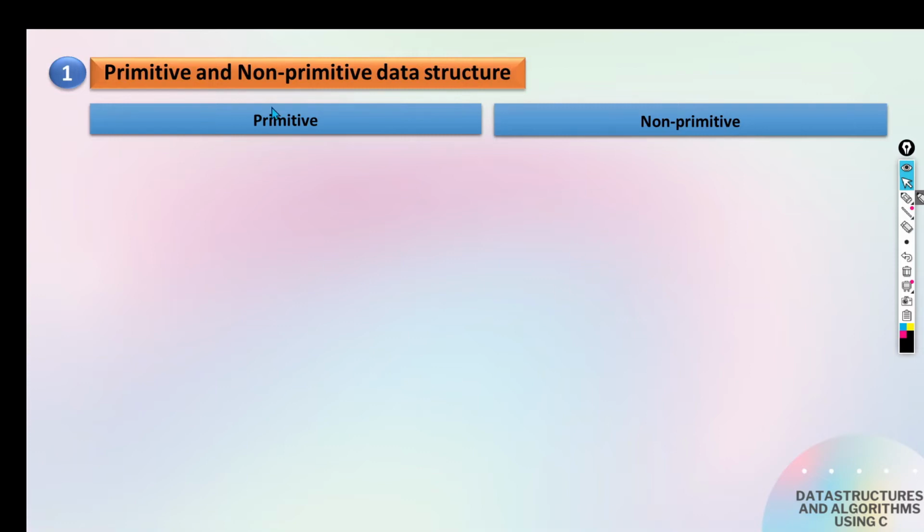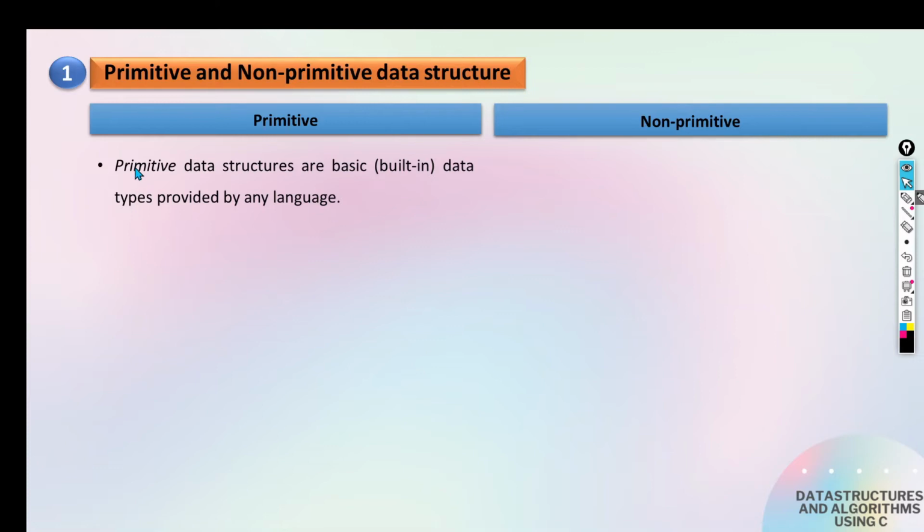The primitive, non-primitive you can call built-in, inbuilt, or user defined. Even we call it derived because it is derived from the existing one. You can call it scalar and vector. You can call it elementary type, group type. So accordingly we do the classification.